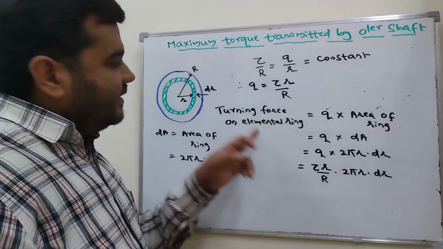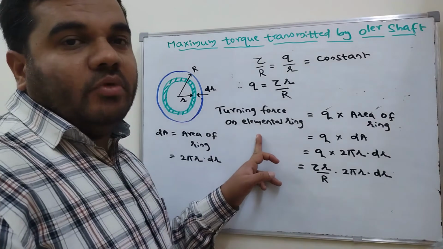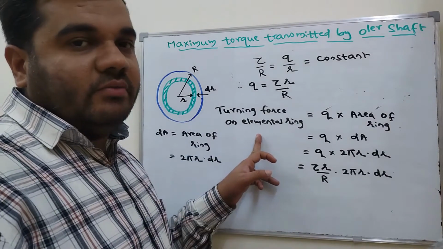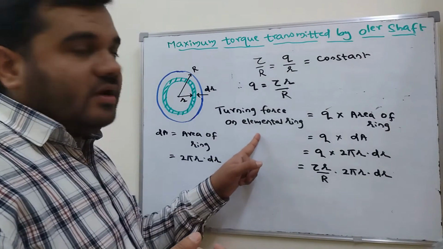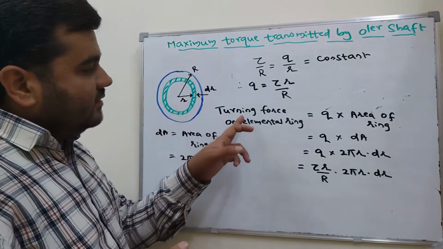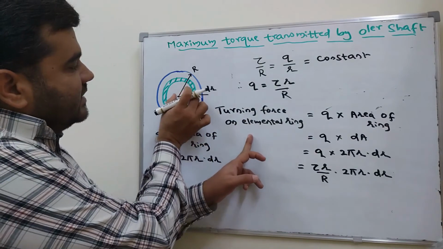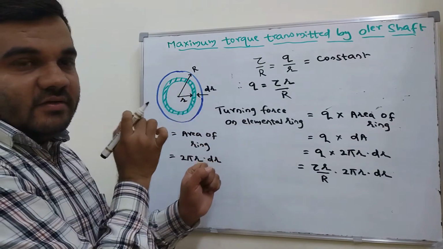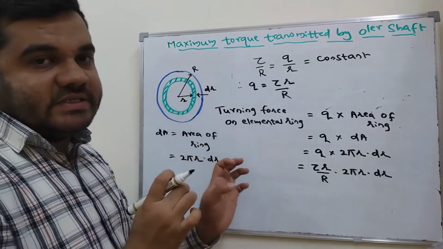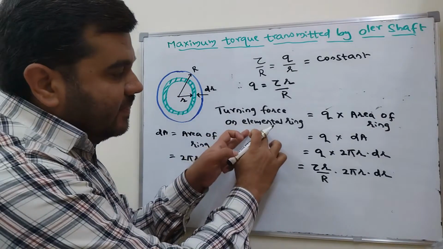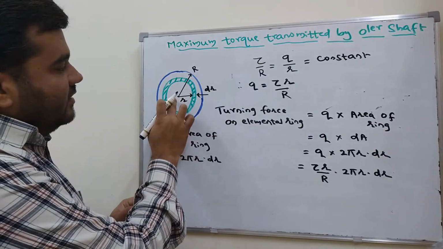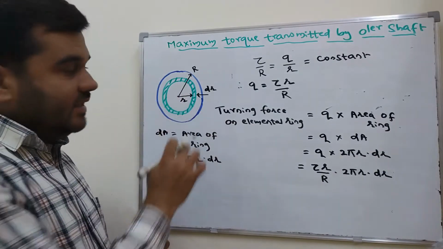Now once we calculate the turning force, we can calculate the turning moment or torque. Both are equal. Turning moment or torque is the turning force into the distance from the center to the ring, that is force into distance. This is the force. Distance is from the center to the ring, that is r.